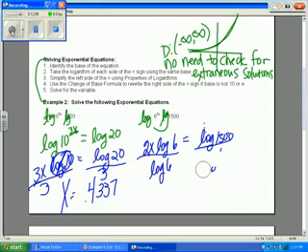But let me go back here. When you simplify this, do it in one step and divide by both the 2 and the log 6, because then you can do 2 steps in 1, which will give you x equals.